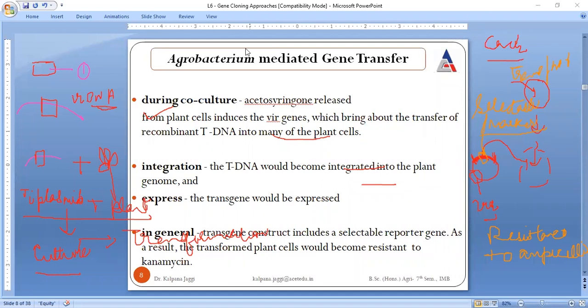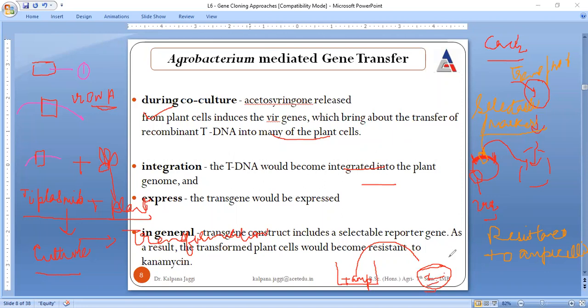Now, on the other hand, we prepared a media, and this media contains ampicillin, and it is poured onto the Petri plate.